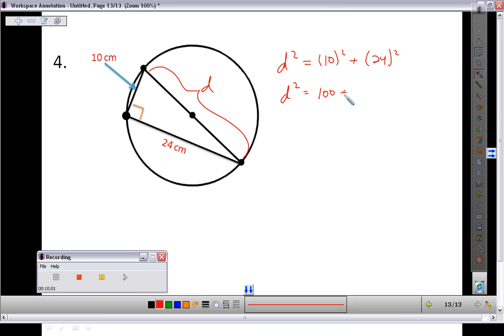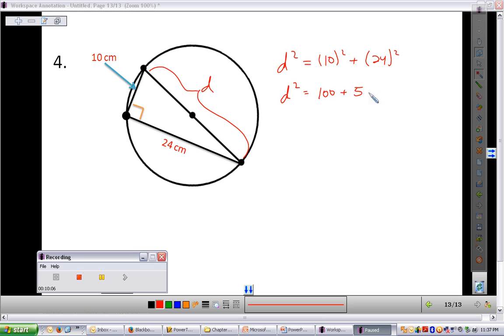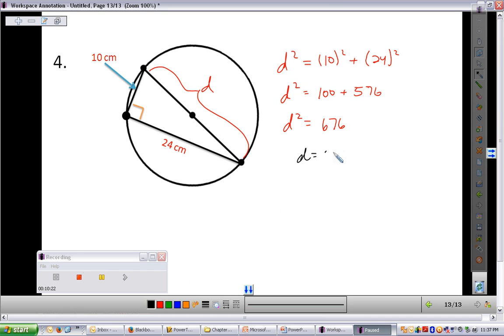Diameter squared equals 100, plus 24 squared, which is 576. I get the diameter squared equals 676. Take the square root of each side, I get the diameter equals 26. If my diameter is 26, my circumference is going to be 26 pi centimeters. And one more time, that is the exact answer.